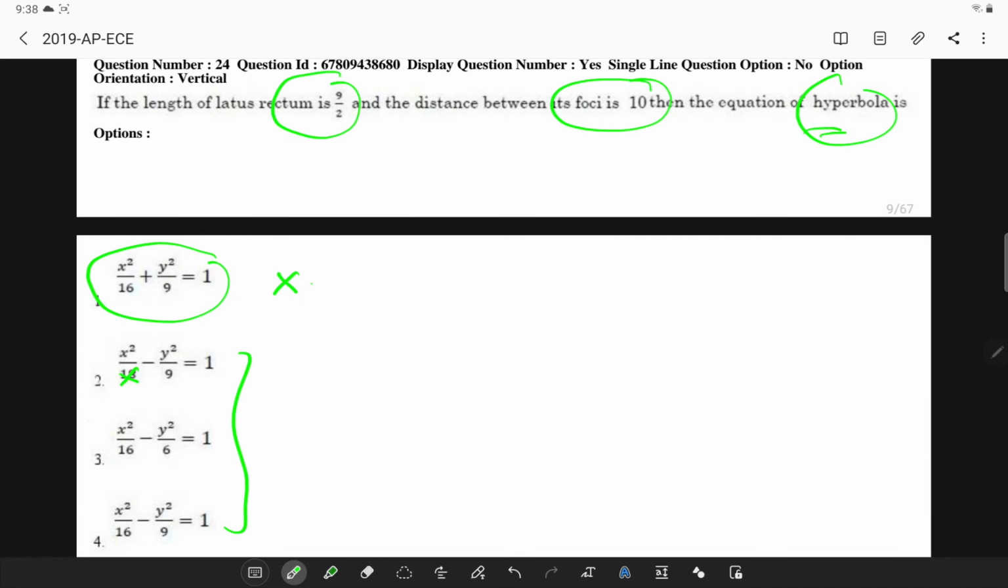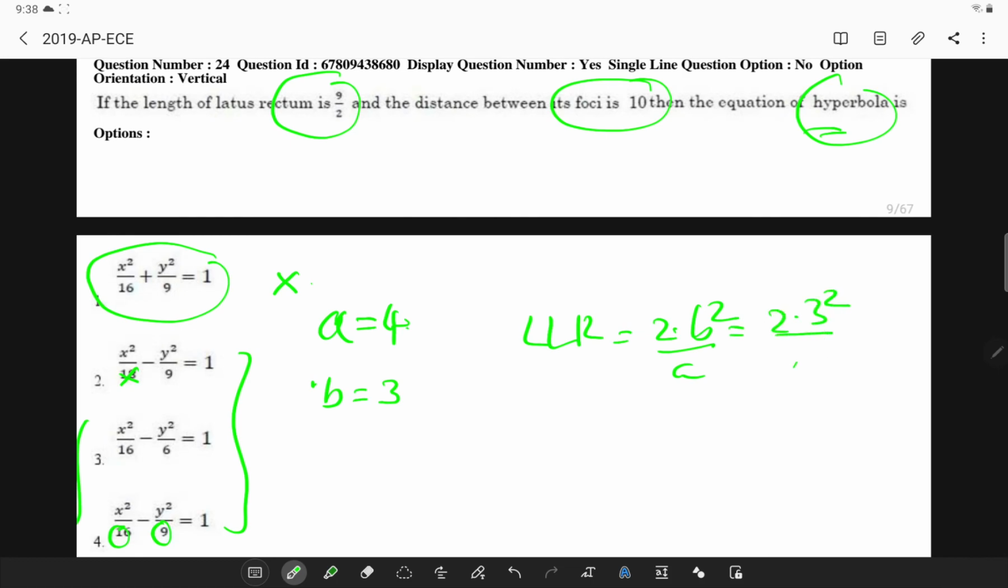So let's see the remaining 2 options. For option 4, a square is equal to 16 and b square is equal to 9. So a is equal to 4 and b is equal to 3. So the length of latus rectum is 2b square by a, or 2 into 3 square by 4, which is 9 by 2. So only the fourth option will be fitting into it.